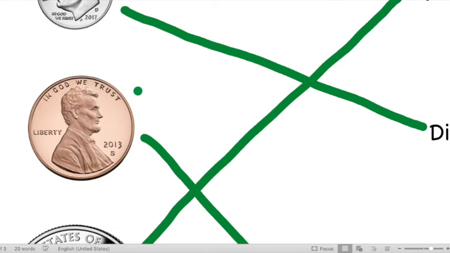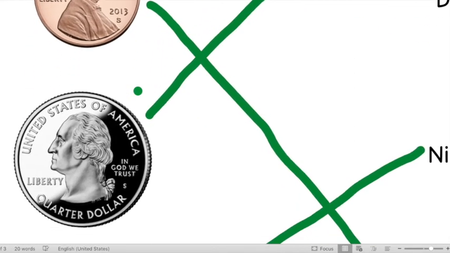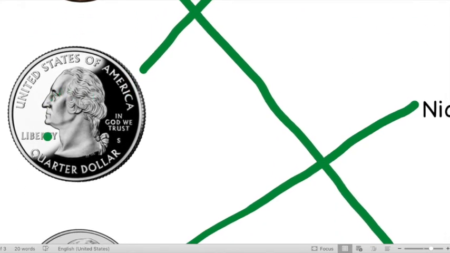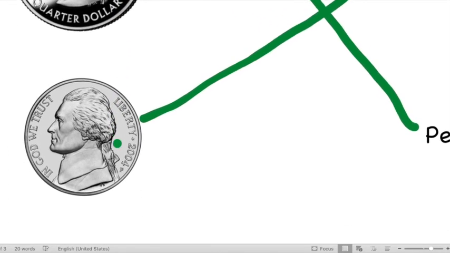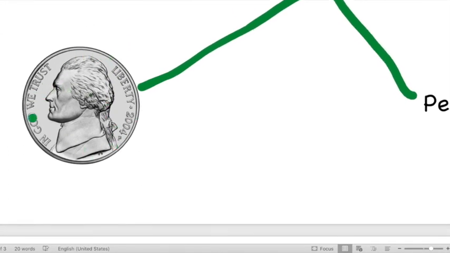Great. What about this coin? Can you say quarter? Quarter? And our last coin, nickel, nickel, nickel.